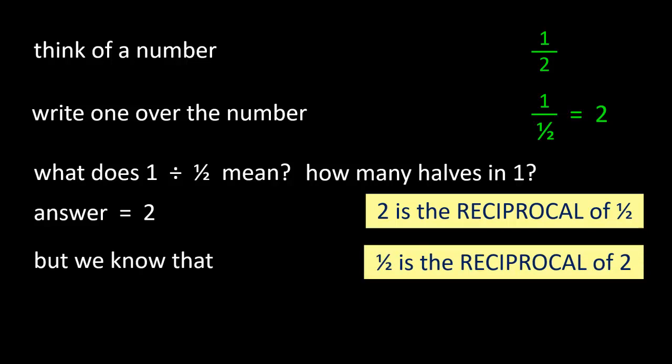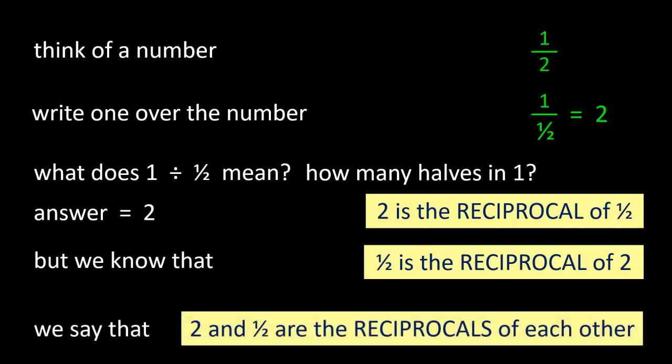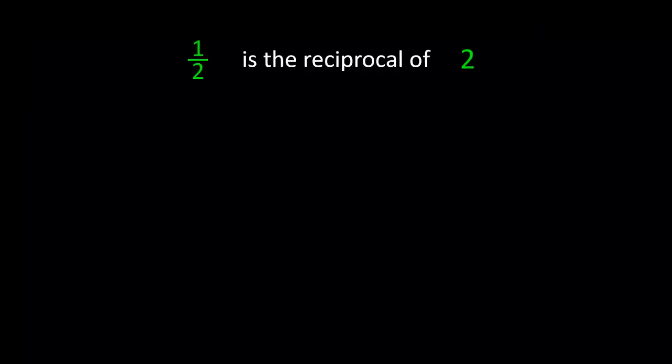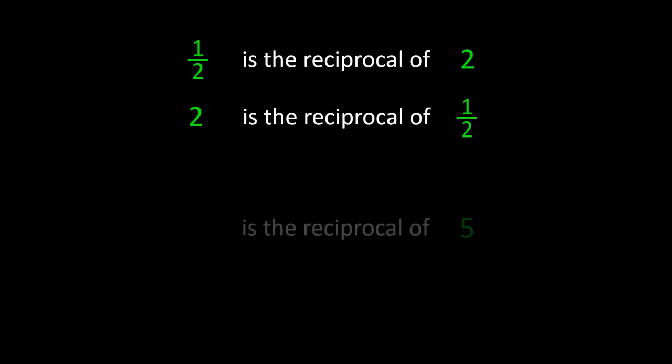So what we can now say is that 2 and a half are the reciprocals of each other. And if you multiply them together, you get 1. So a half is the reciprocal of 2. 2 is the reciprocal of 1/2.